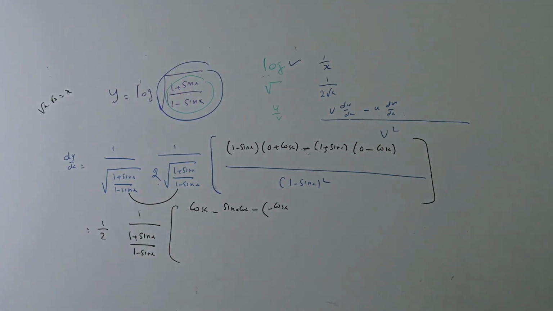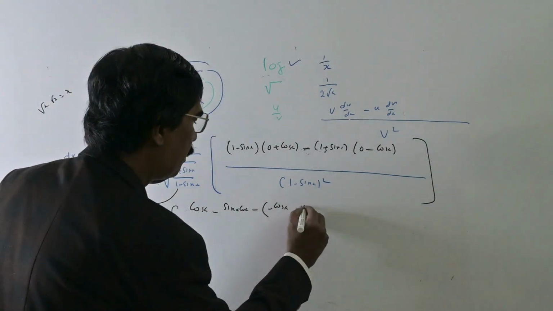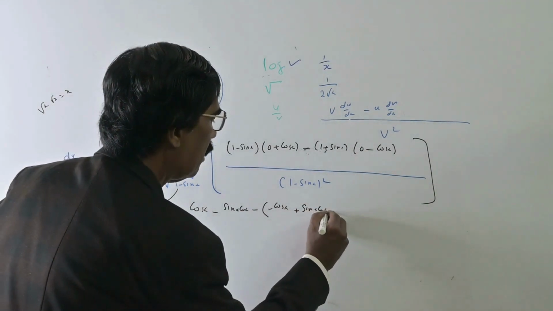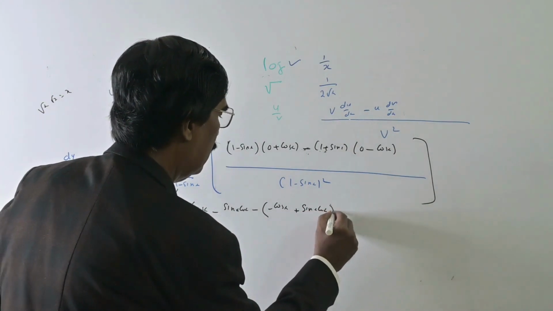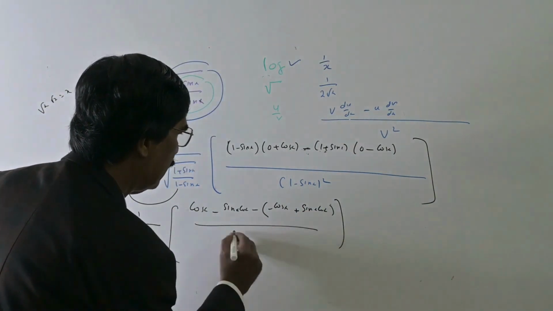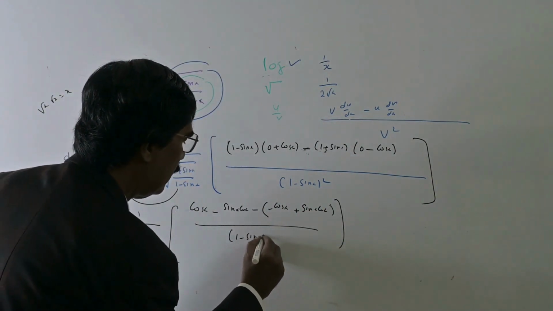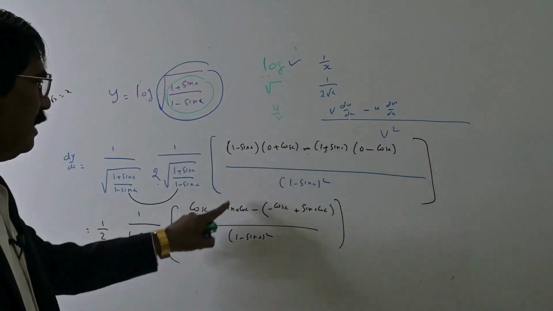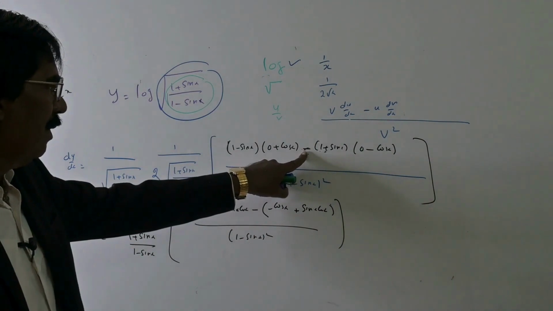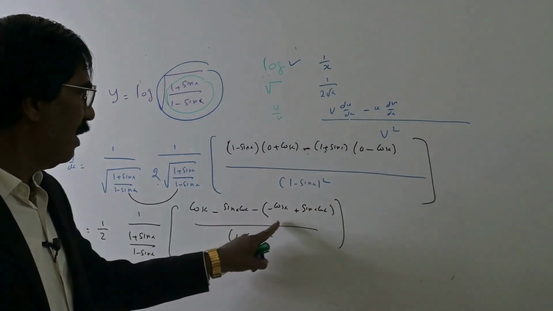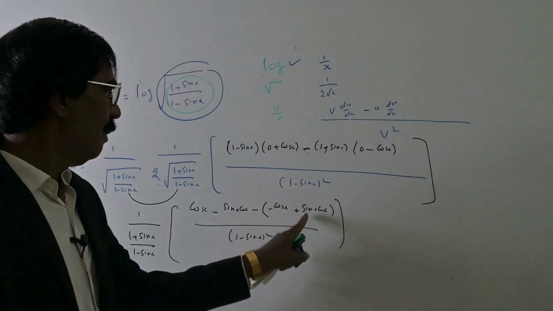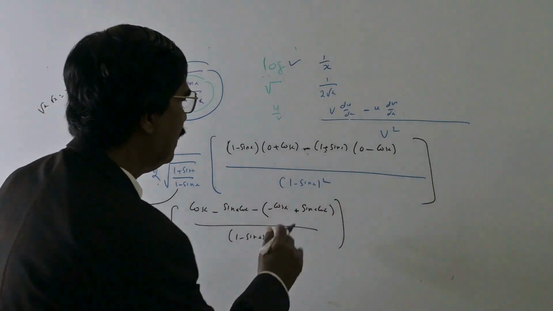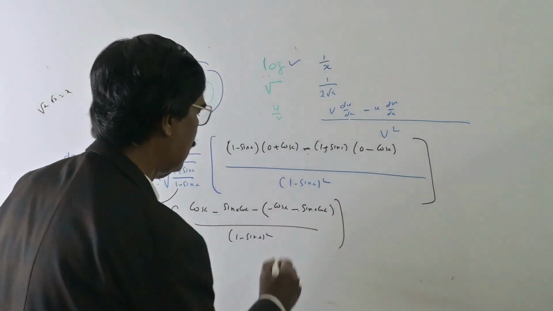Is it? Minus into minus, plus sin x cos x. Right? Divided by, what is this? 1 minus sin x the whole square. See, 1 into cos x minus sin x cos x. Minus here, 1 into minus cos x, minus cos x. Minus into plus, I think this is minus sin x cos x.